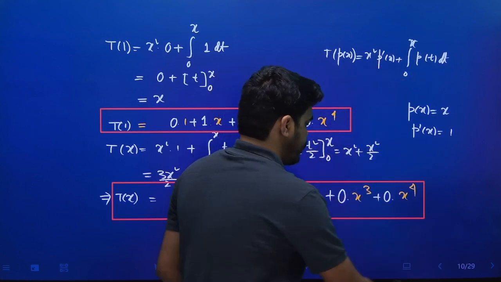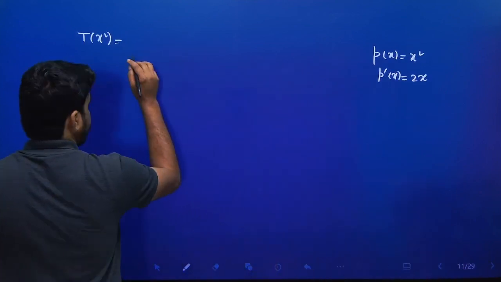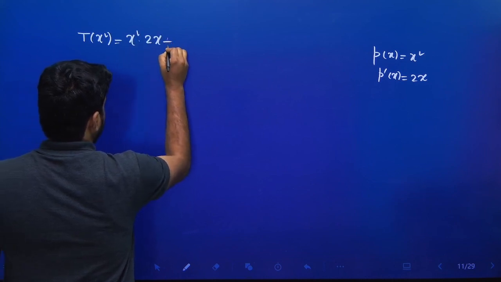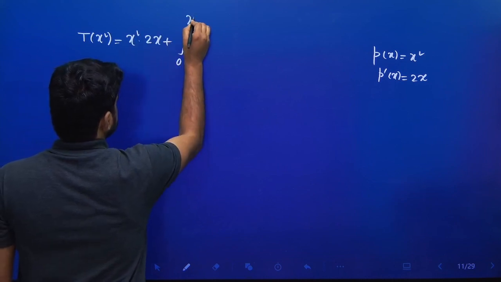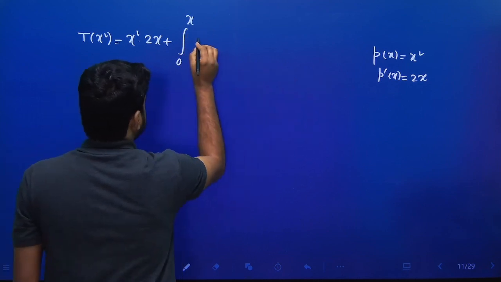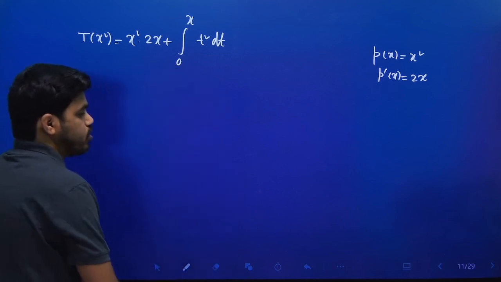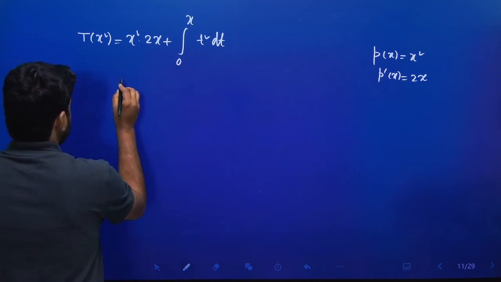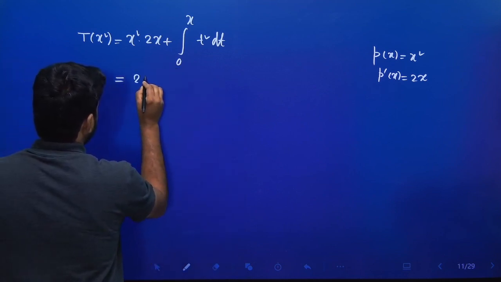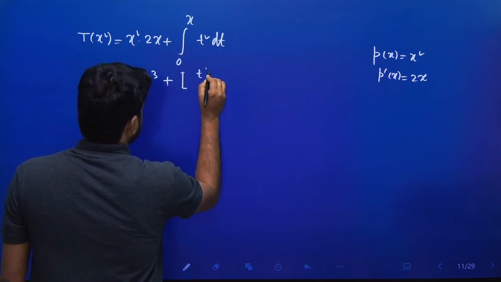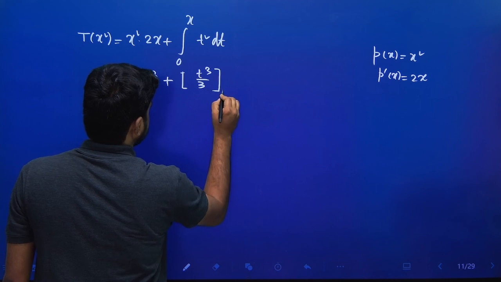So x square into p dash x plus the integration from 0 to x of p(t) dt, where p(t) is t square, so this equals 2x cube plus t cube by 3.